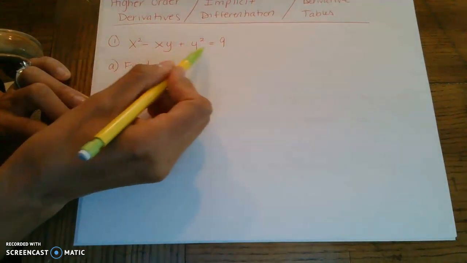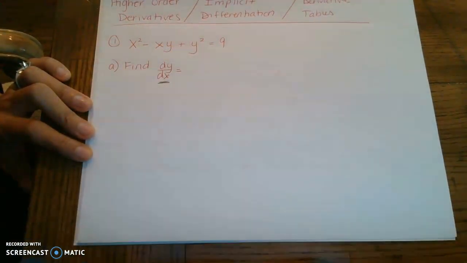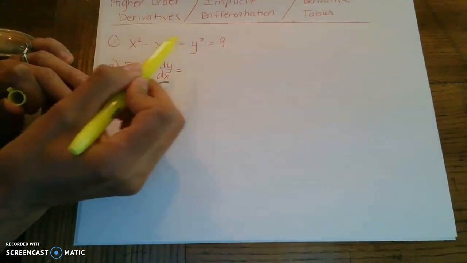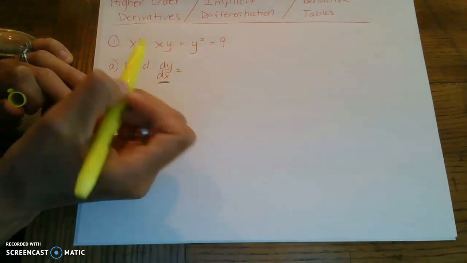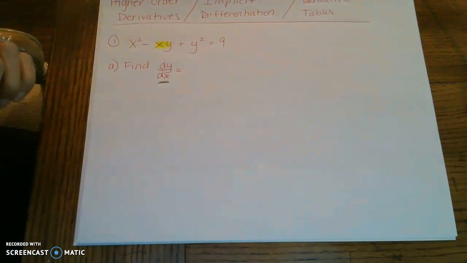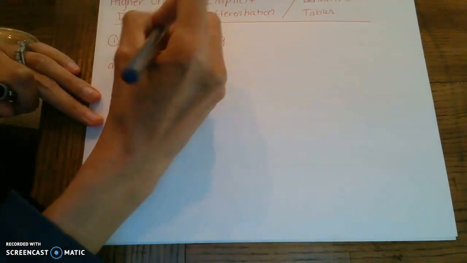When I look at this, I see that this is a polynomial, and I give myself a preview and look at each term. That one's pretty basic, and y squared is basic, but what's not basic is this xy. That's going to require the product rule when I want to take the derivative of that.